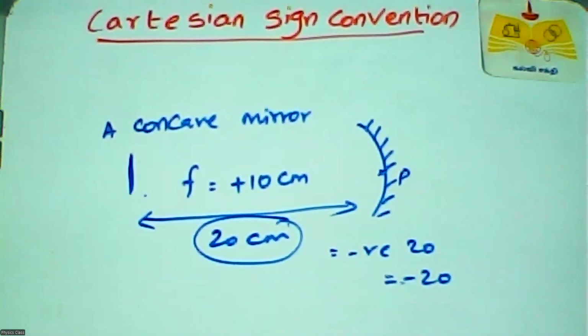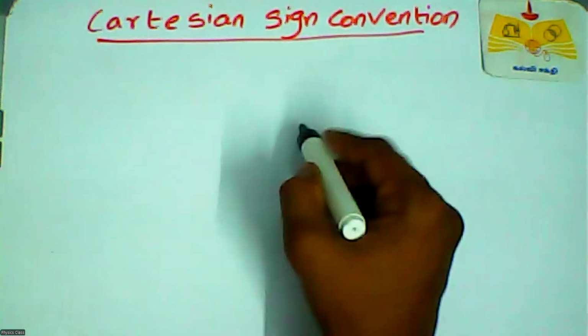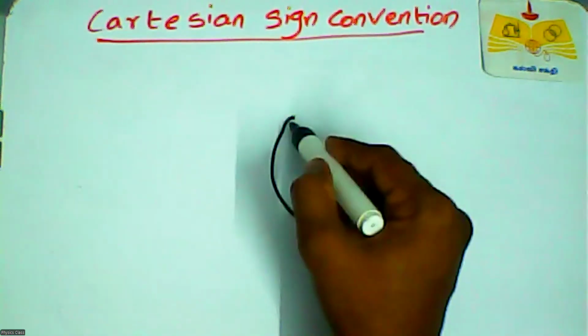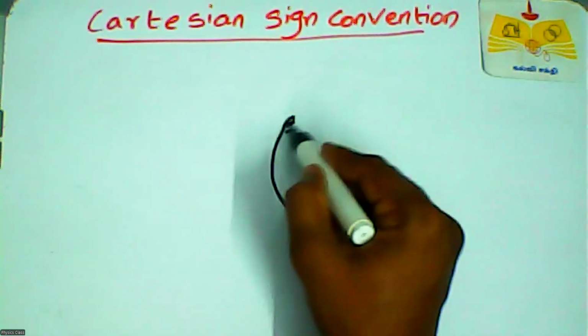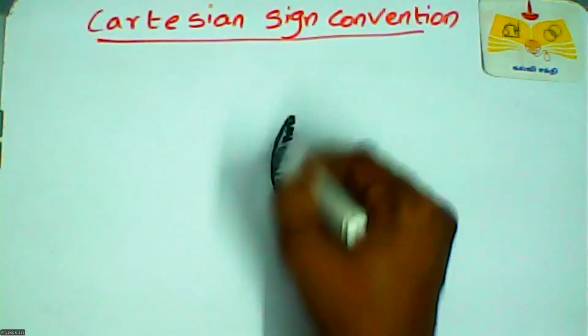Clear? For a convex mirror, let me write convex mirror. This is an example for a convex mirror.